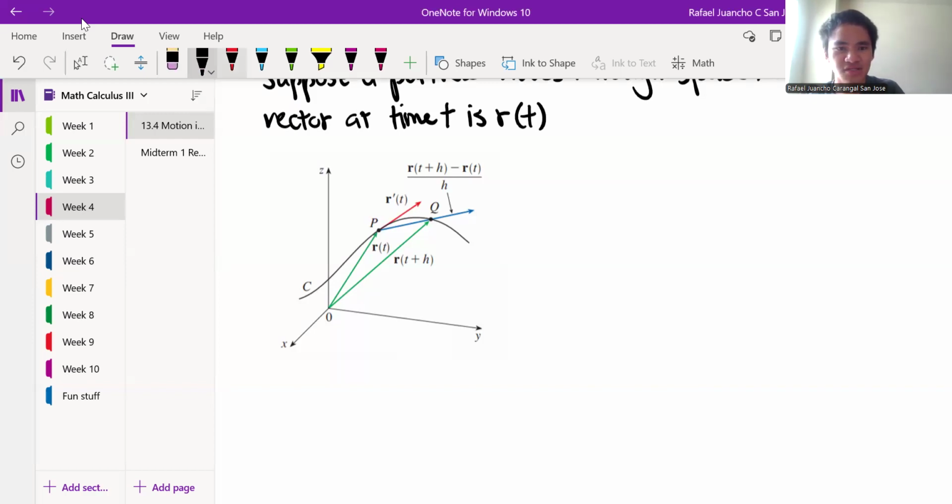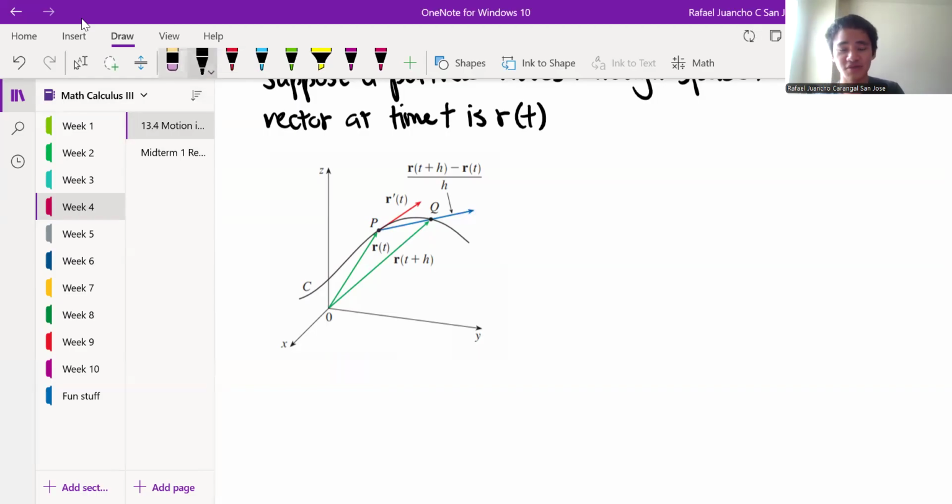This will tell us exactly where we are after some time t, right? And then here we have its tangent vector, so its derivative. And then we also have the limit definition of its derivative here. We're able to get this after we have our vector r of t plus some value h that we don't know.